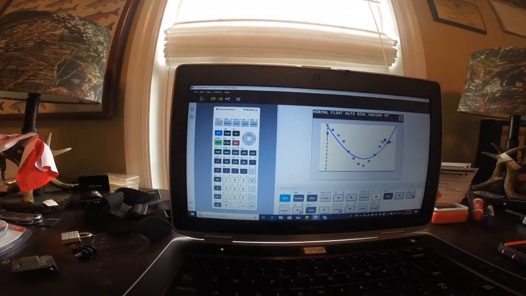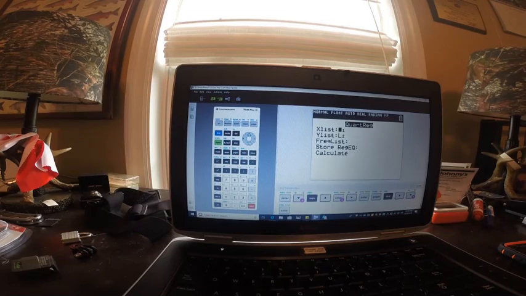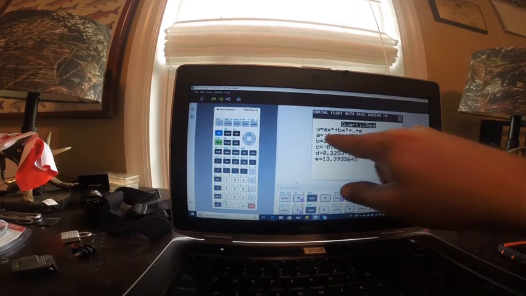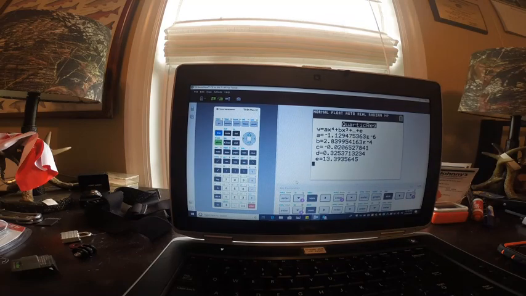Okay. So, if I go stat, calc, quartic reg. Okay. I'm going to store this one in Y2. Okay. Calculate it. If you needed to write it down, you could. It just goes a x to the 4th, b x to the 3rd, c x squared, dx, and then plus e.